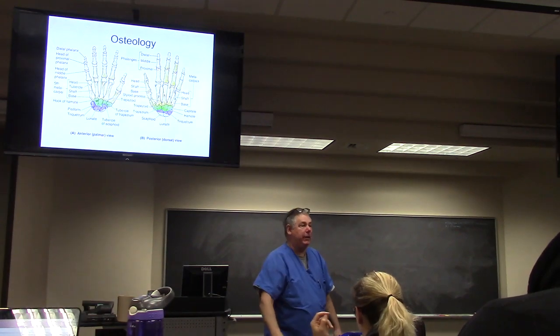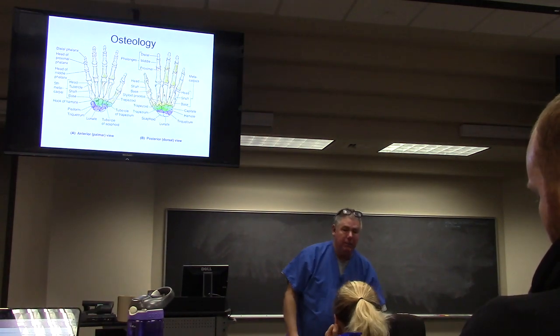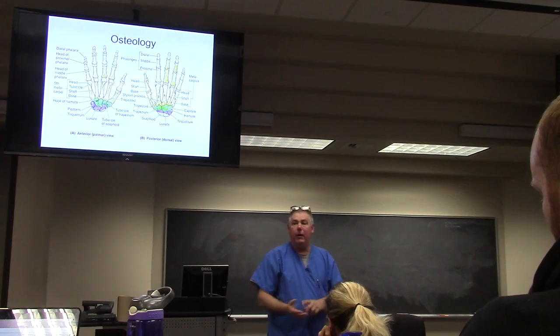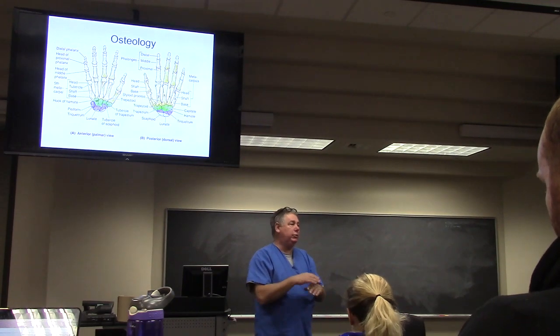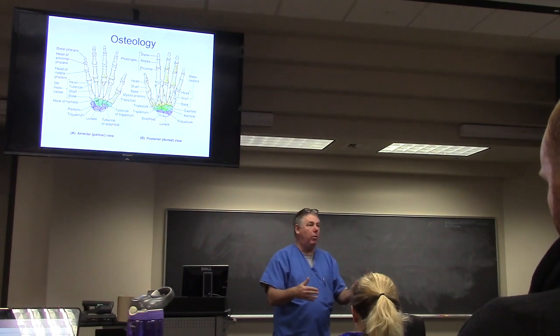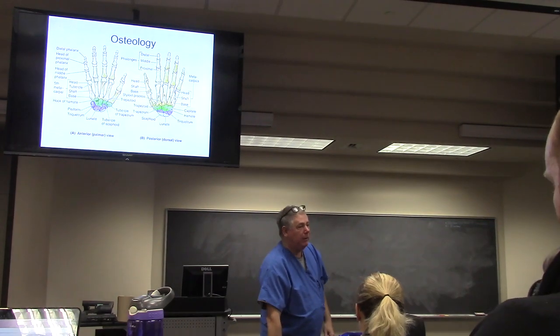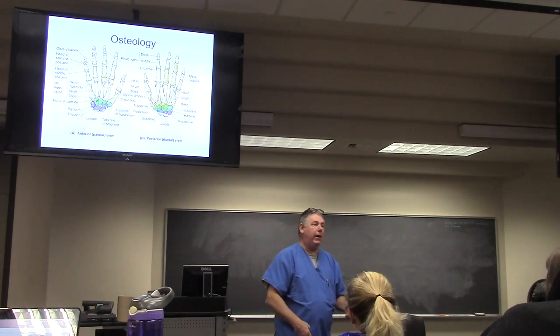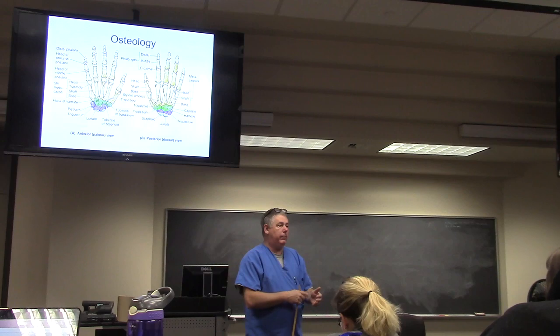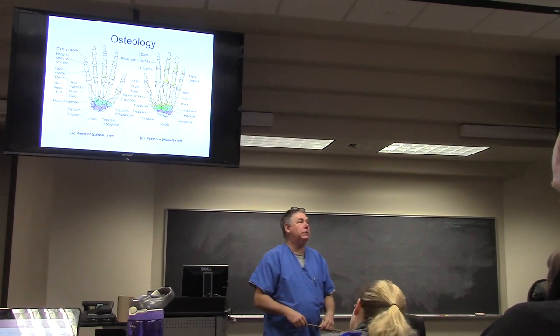The osteology of the wrist and hand, since we've been down to the forearm bones: there are 8 carpal bones, and they're arranged in 2 rows, a proximal row and a distal row. And there are tons of acronyms or mnemonic devices to learn the names.